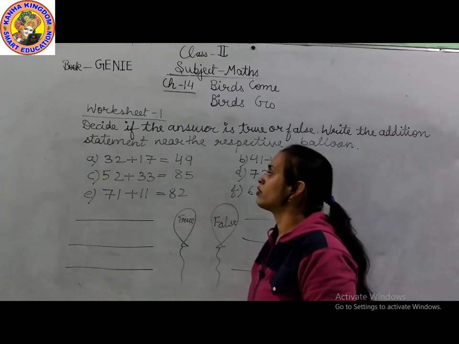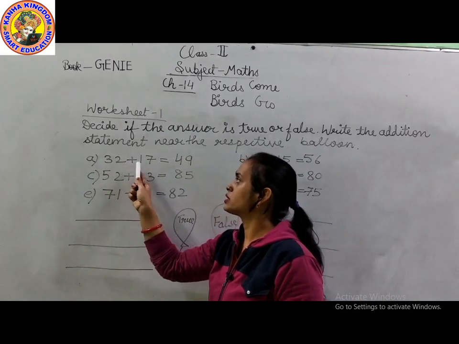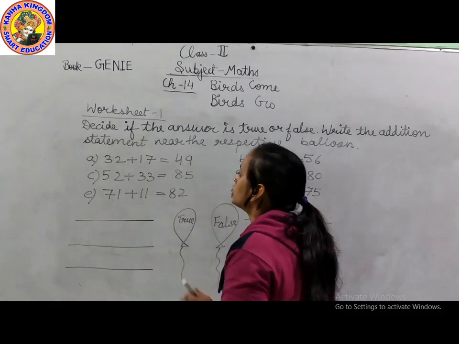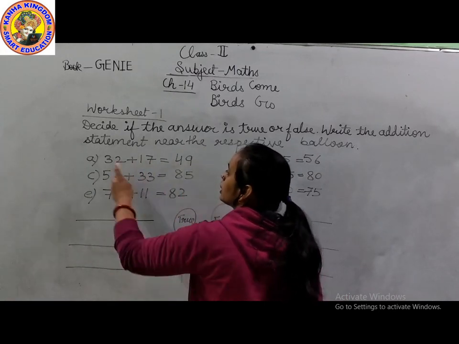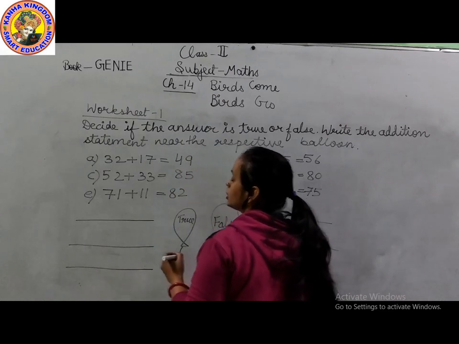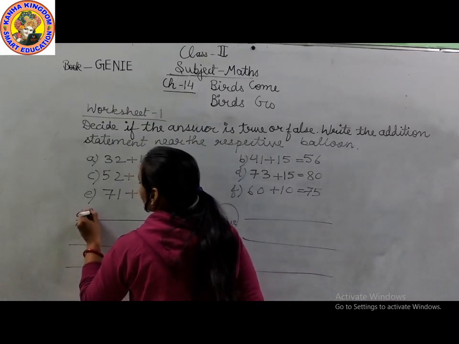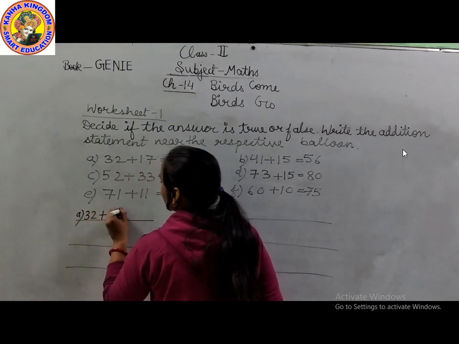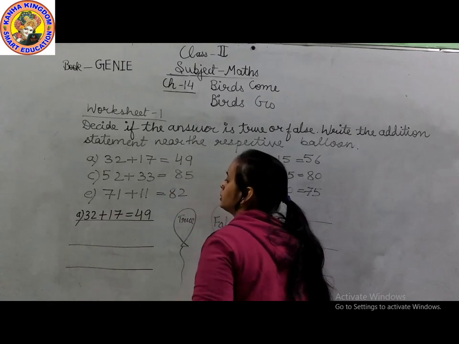Okay. So our question number A is 32 plus 17. So 2 plus 7 equals 9. 3 plus 1, 4. So this is a correct addition. So we write here 32 plus 17 equals 49.